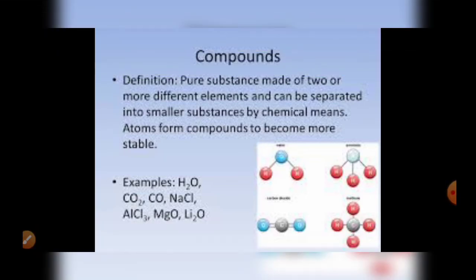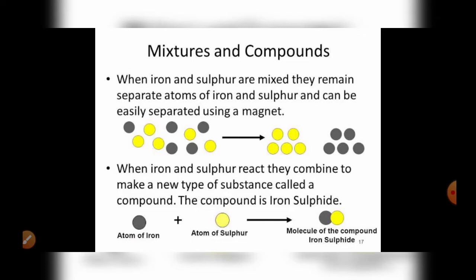Okay, from that we go to mixtures and compounds, how they will be presented. For example, you take iron sulfide, that is iron and sulfur. When iron and sulfur are mixed, they remain separate atoms of iron and sulfur and can be easily separated using a magnet.